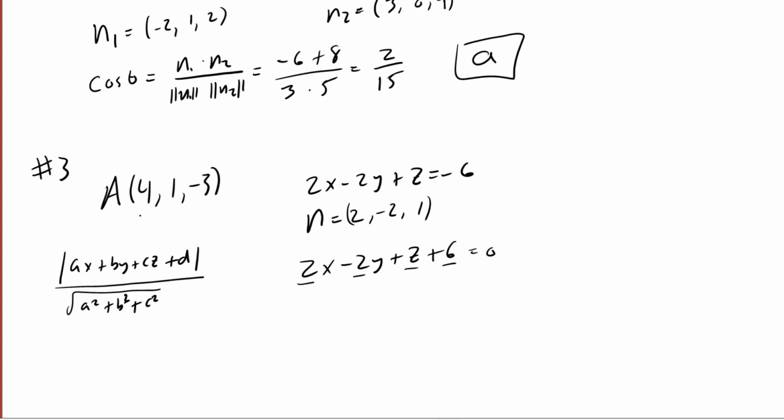The x, y, z are the points that we're plugging in. A, B, C are the coordinates of the normal. D is this value right here. And this right here, you should recognize as the norm of the normal.